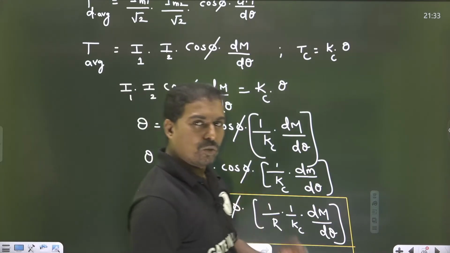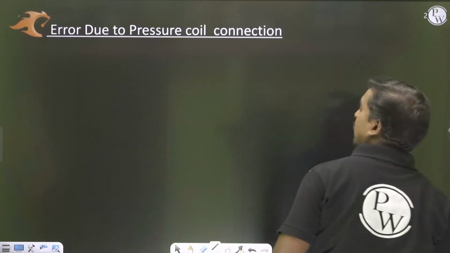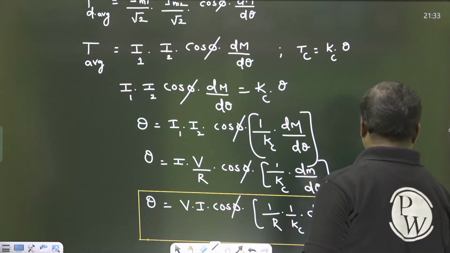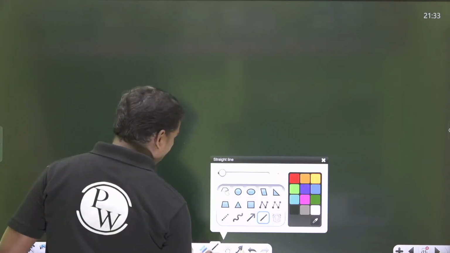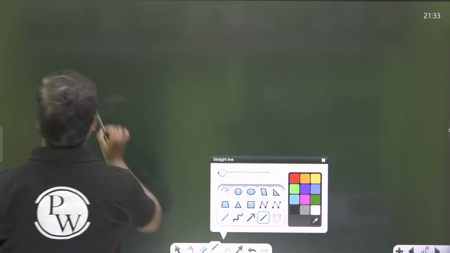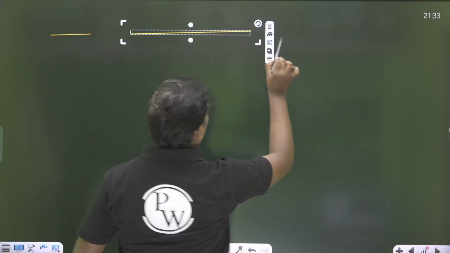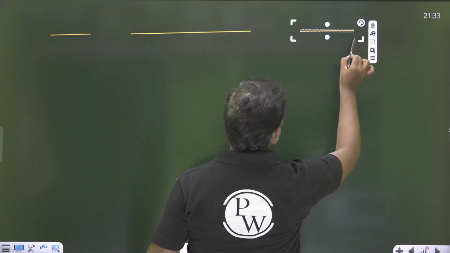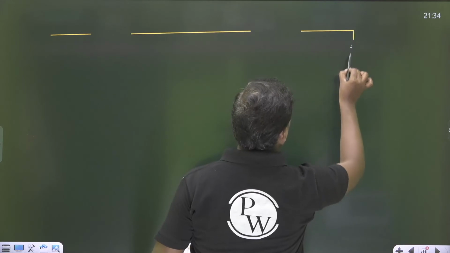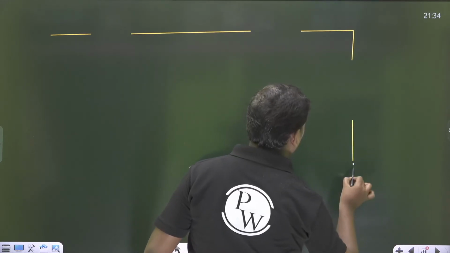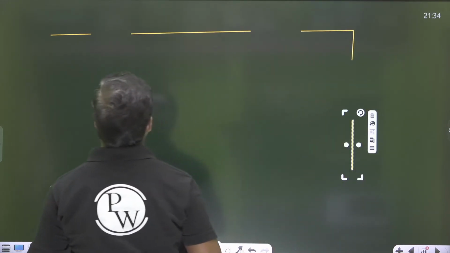So how to do that? For that, I want to make a connection here. Listen carefully. I am taking the current coil, and this another current coil, and this our load coming here.